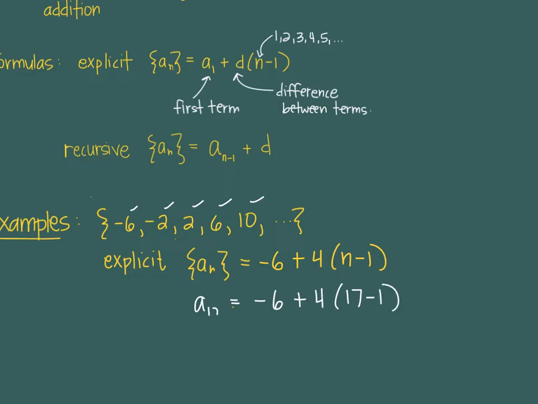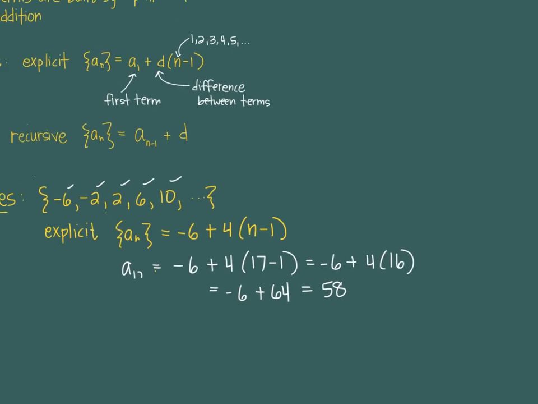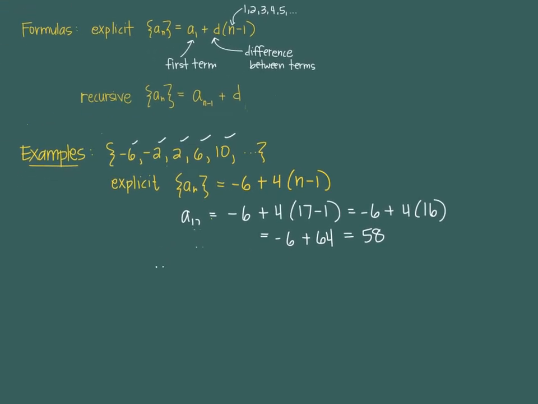I don't have to waste my time going in order all the way up to the 17th term. I can just evaluate, oh, well, that's -6 plus 4 times 16, that's -6 plus 64, which turns out to be 58. So the value of the 17th term in the list is number 58.